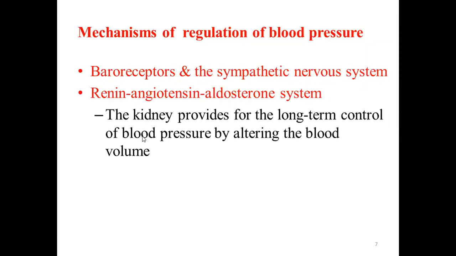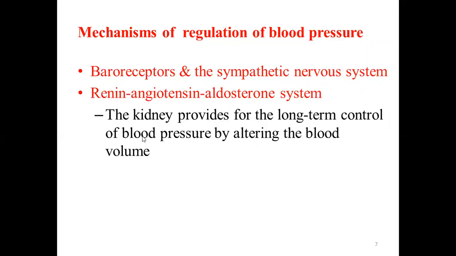If you discuss cardiovascular conditions, especially hypertension and heart failure, the RAS system is very important to regulate blood pressure. So long-term control of BP is usually based on the renin-angiotensin-aldosterone system.